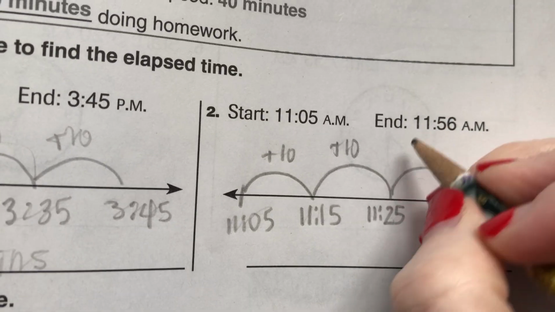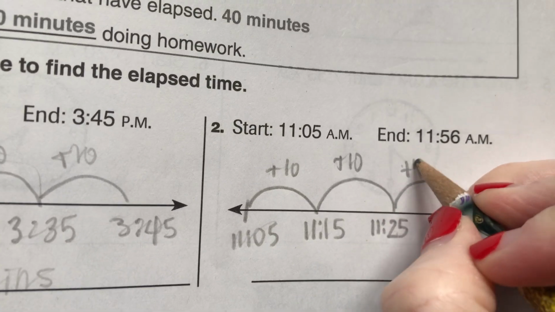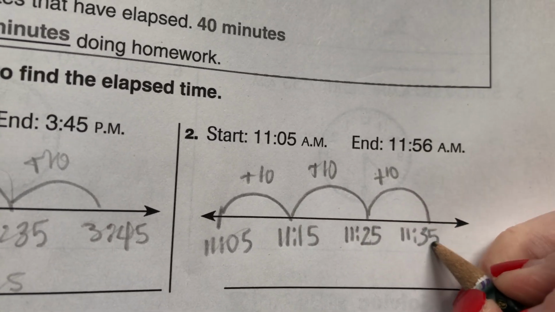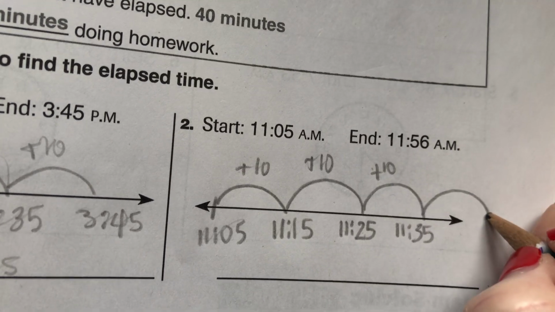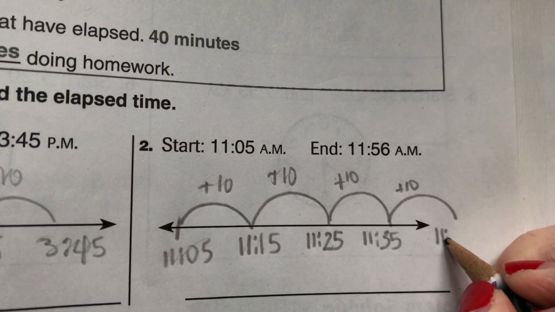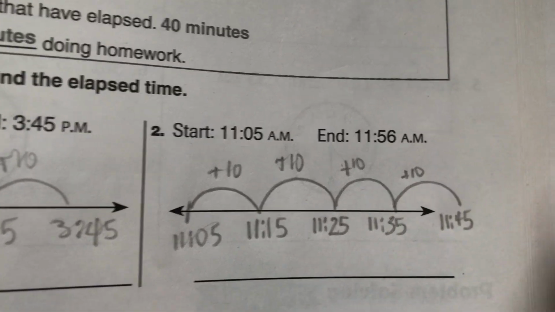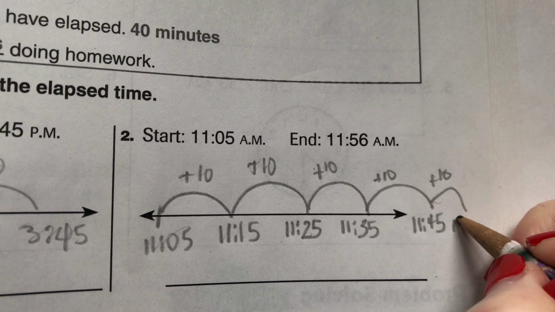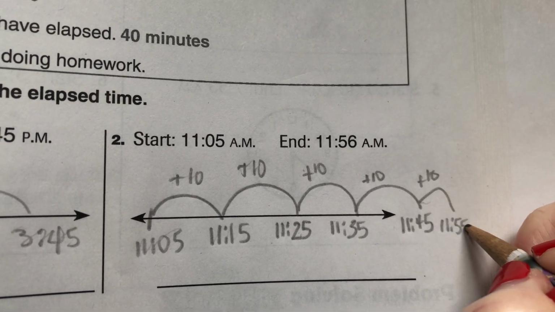Okay. Add another 10. I think I might go off the line here. My 10s were too big. And that gives me 11:35. Go again. That gives me 11:45. I go again, another 10. 11:55.